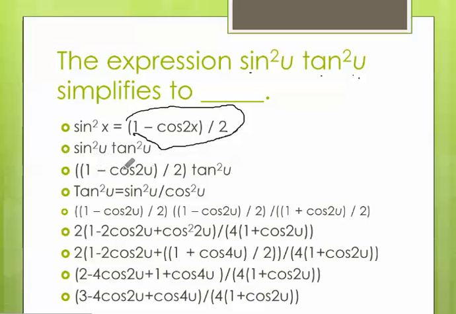So I got 1 minus cos 2u divided by 2. Well, the tangent squared is equal to sine squared divided by cosine squared, right? That's just like saying that x squared is equal to a squared over b squared, right? That's all I'm saying there, okay?